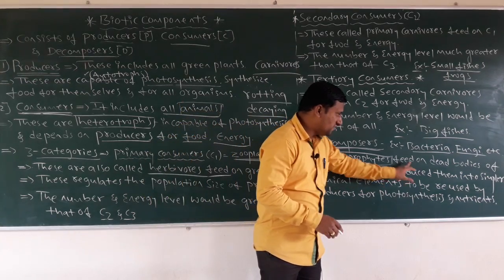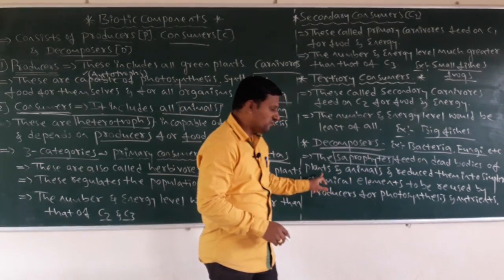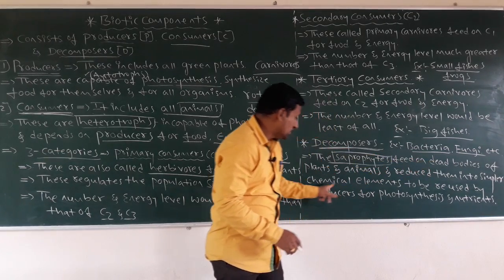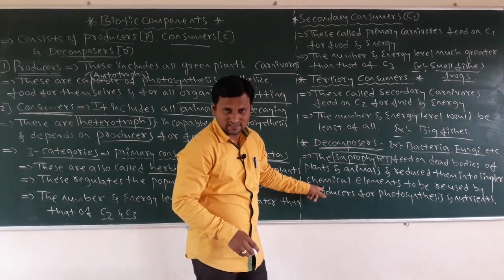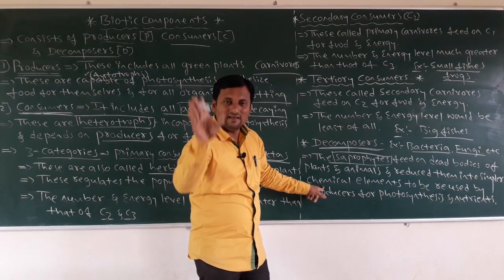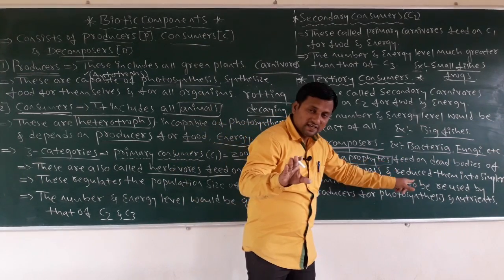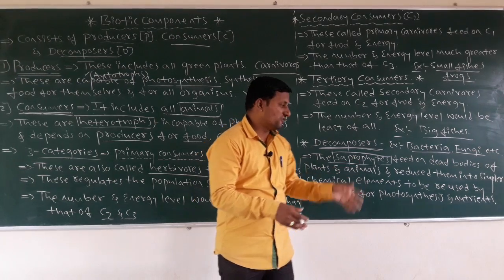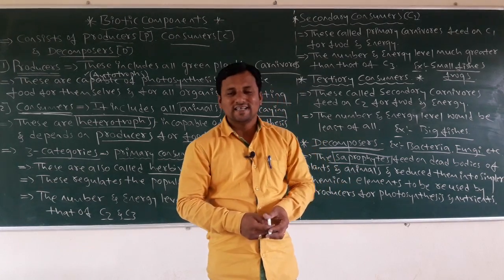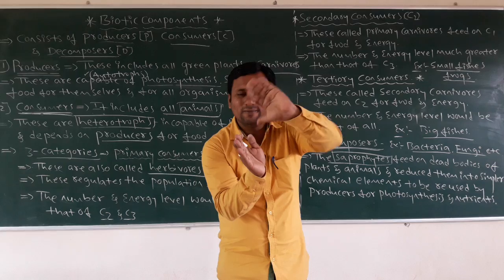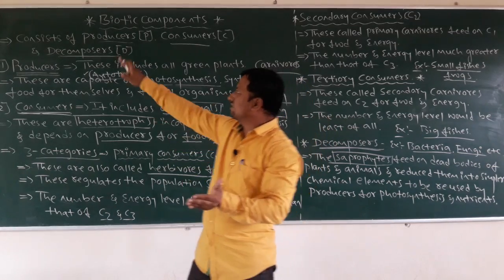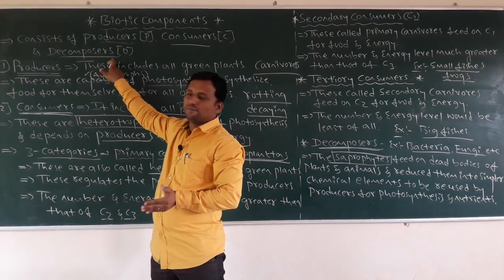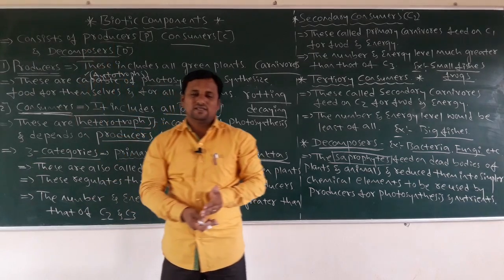The saprophytes feed on dead bodies of plants and animals and reduce them into simpler chemical elements, to be reused by producers for photosynthesis and also as nutrients. See how the cycle comes back towards the producers: producer to decomposer, decomposer to producers.